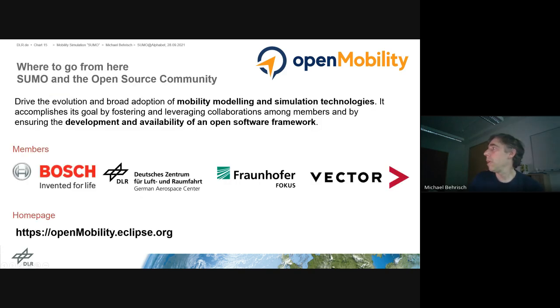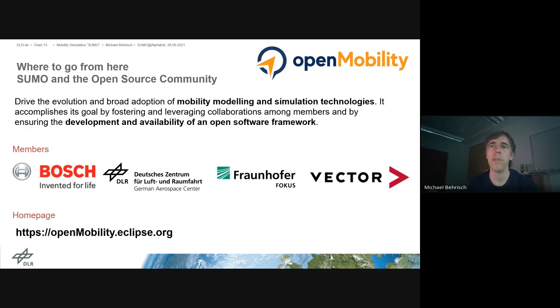And everything is embedded in the Open Mobility Working Group, which is our substructure inside of the Eclipse Foundation. So if you want to influence a little or just talk to all the people using SUMO from the industry side, and also influence where everything is heading, this is the place to go.